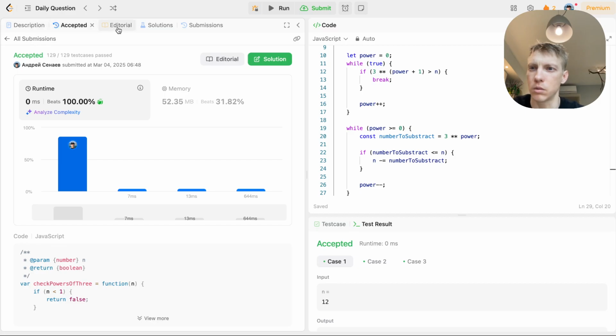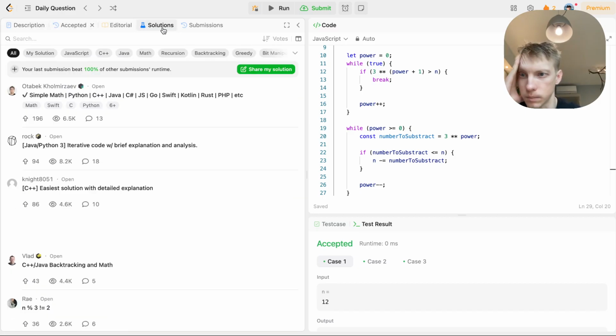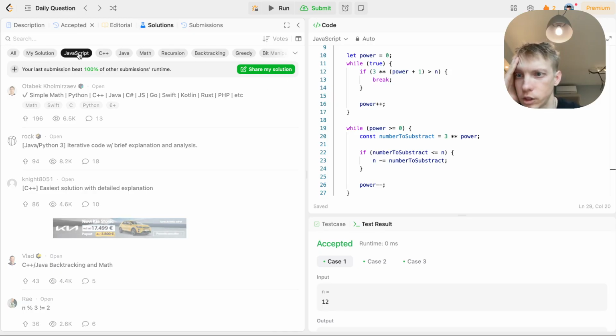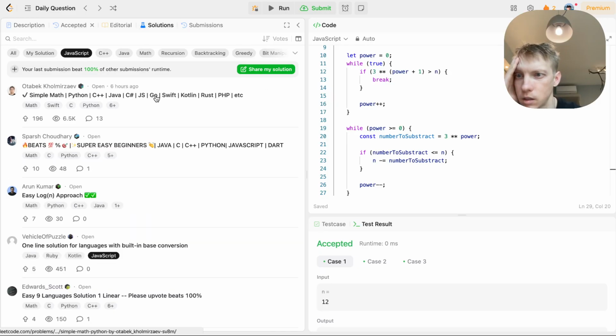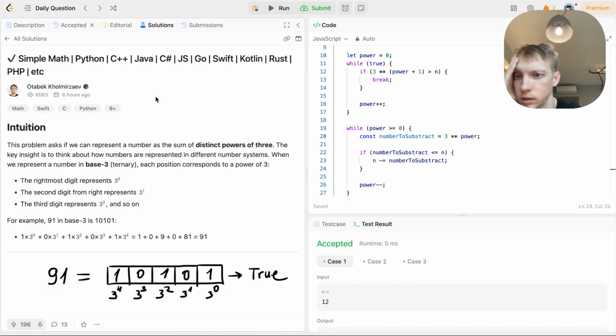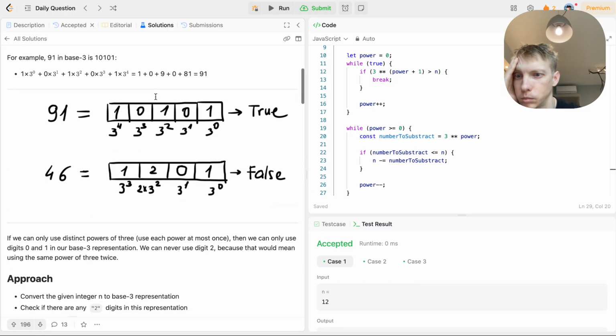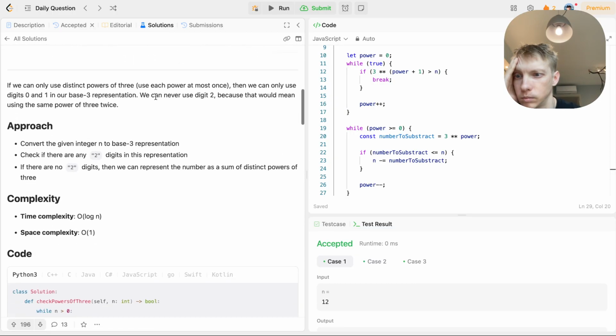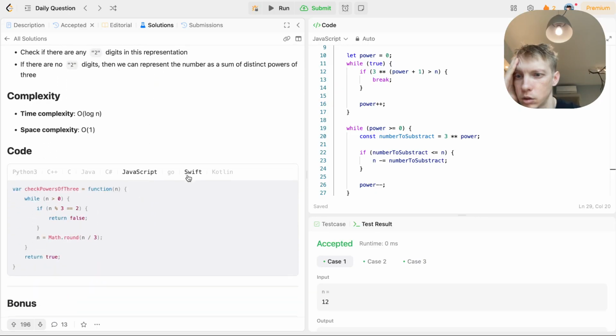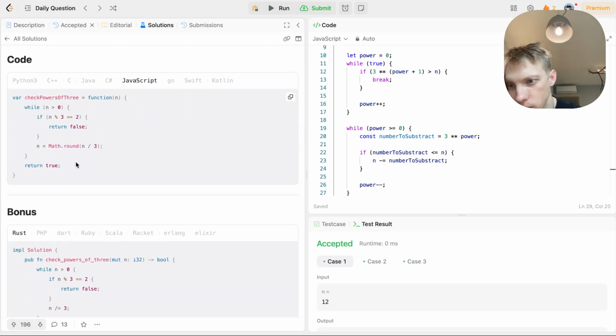Submission description, where we can look at solutions. Yeah, look at JavaScript. Simple math. Approach. Let's just read the code. Wow, it's much more simple.